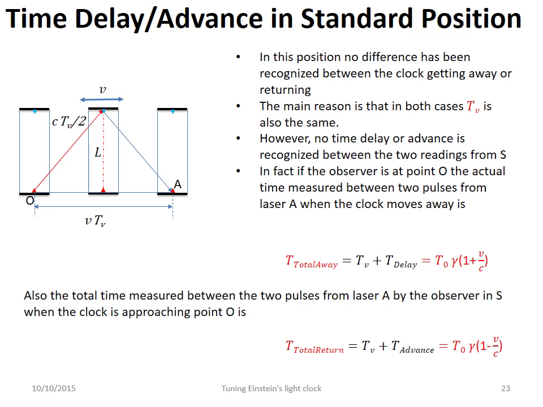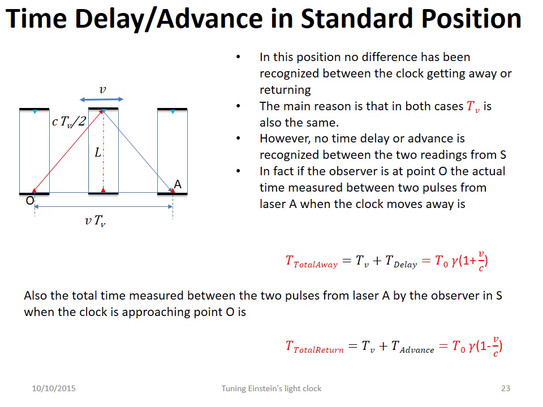In fact, if the observer is at point O, the actual time measured between two pulses from laser A when the clock moves away is t total away equal to tv plus t delay, which is equal to t naught times gamma times 1 plus v divided by c.